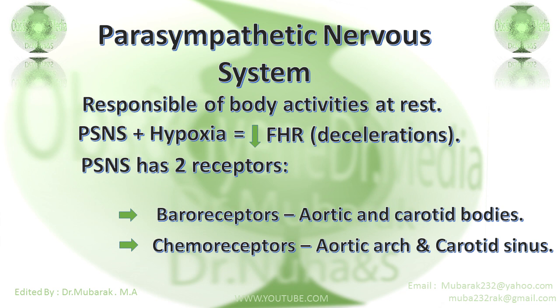Increased peripheral resistance secondary to the occlusion of the umbilical artery leads to an increase in fetal systemic blood pressure and resultant stimulation of these baroreceptors located in the carotid sinus and the aortic arch.